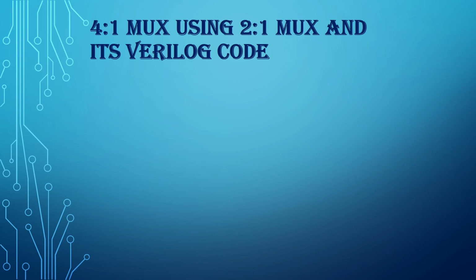Here our required design is 4x1, so the number of input lines is equal to 4. Now we have to divide 4 by 2, that is equal to 2. So in the first line we require 2x1 multiplexers, and again we divide this 2 by 2, that is equal to 1.